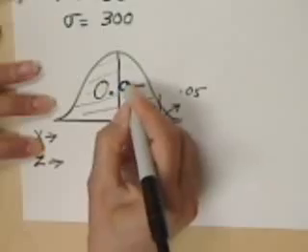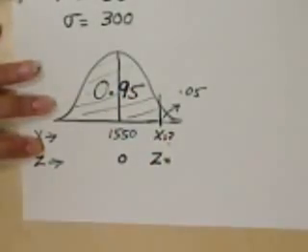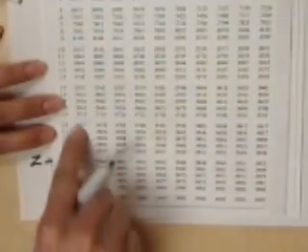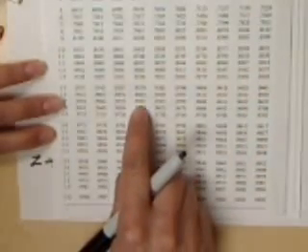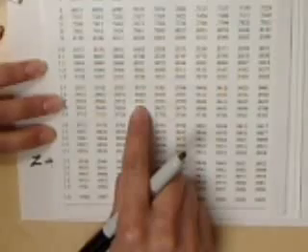So now I'm going to come to the table, and I'm going to look for within the area. Now I'm going to work the table inside out. I'm going to look for an area in here which comes as close to 0.95 as possible.